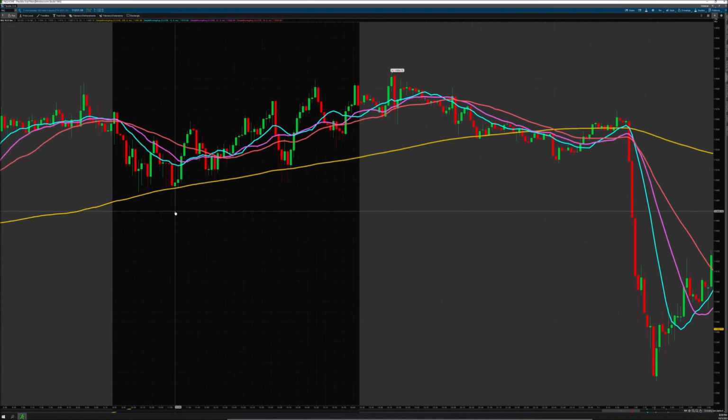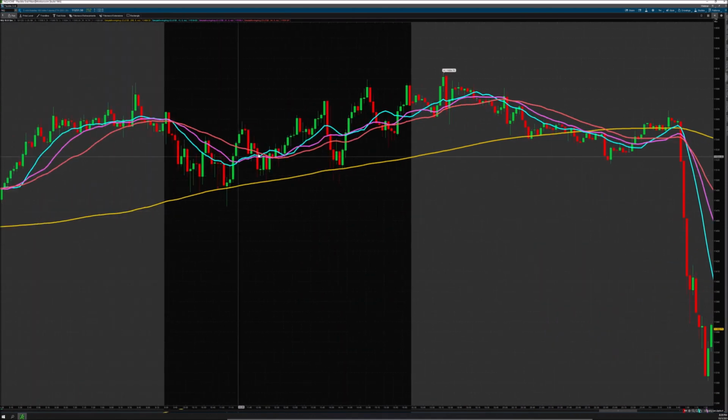And you can see the 34 here, it's above. We went up some, came back to the 34, got rejected, support. It bounced off that 200. That 200 is the main SMA. Bounced off the 200 and it continued higher.